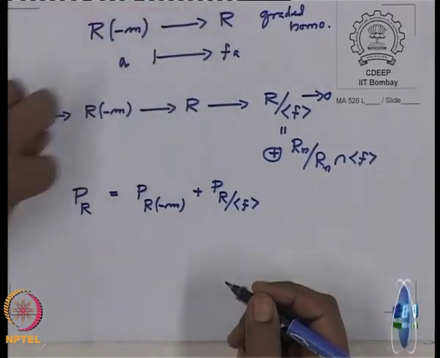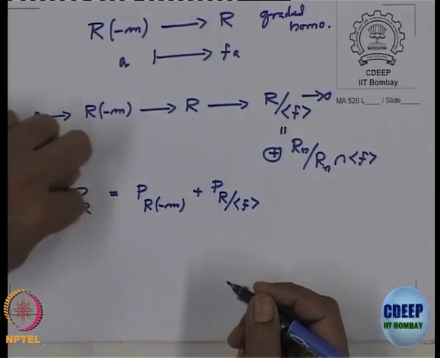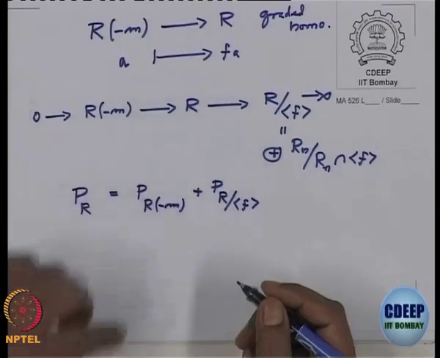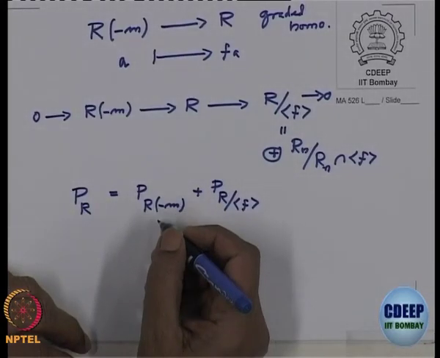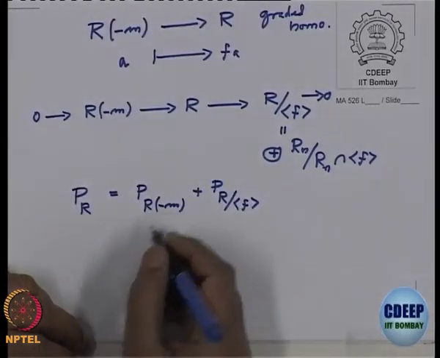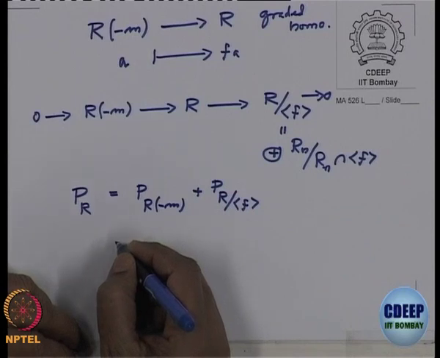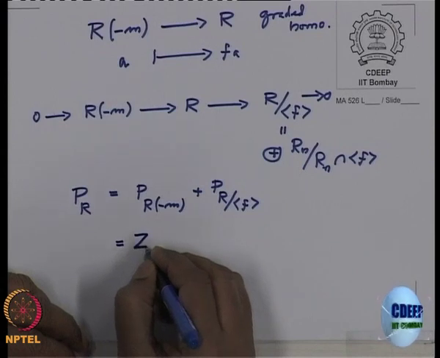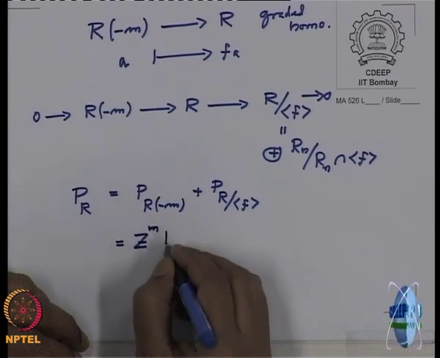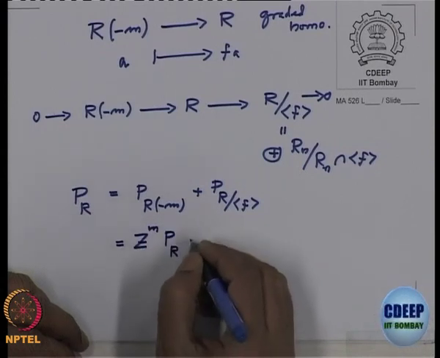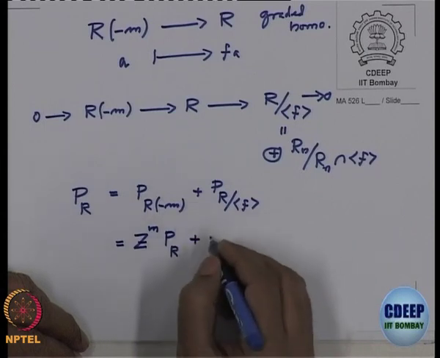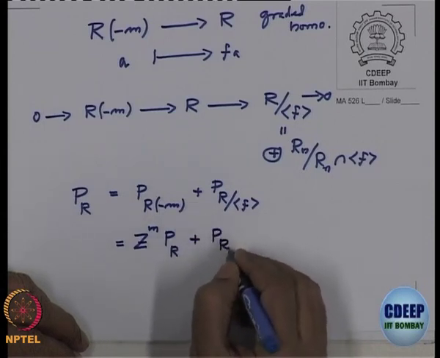So, this minus I am shifting to the other side. So, it is P_R equal to P of both these, and this one, again just now we have seen, that power will come out. So, this is the same as z^m P_R plus P of R by f.